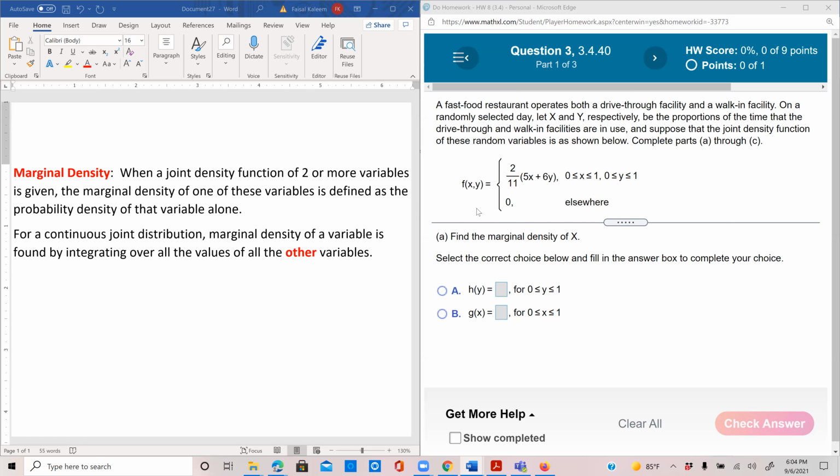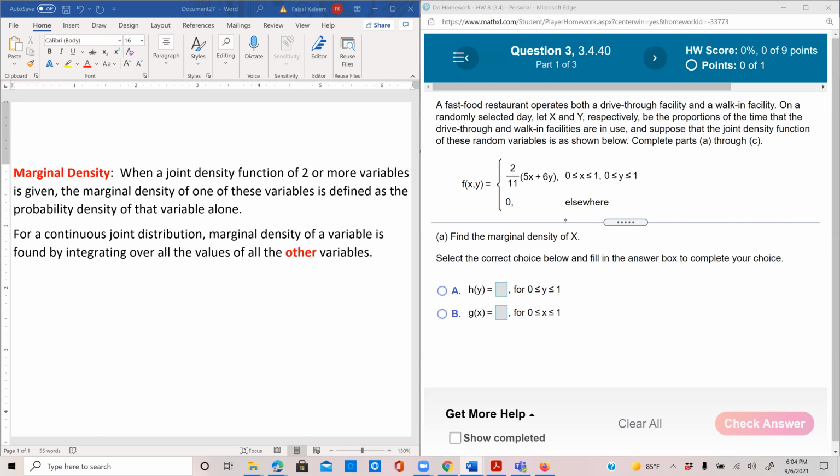To get the marginal density of x, you would integrate over all the values of y and all the values of z, eliminating y and z and leaving only x, the variable whose marginal density you want. So to get the marginal density of x, you integrate this function over y.